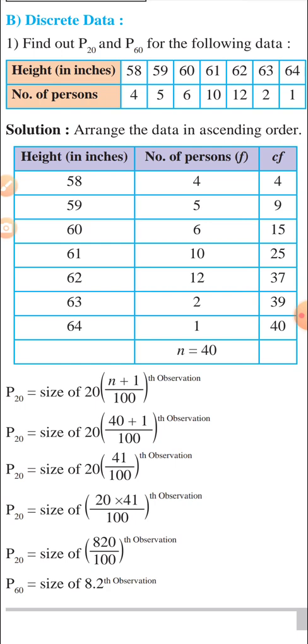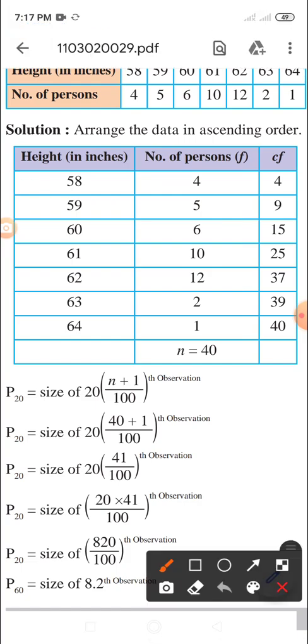Okay, so here we calculate P20. The formula for P20 is P20 equal to size of 20 times (N plus 1) upon 100th observation. Why do we write 20 here? Because we have to calculate P20.